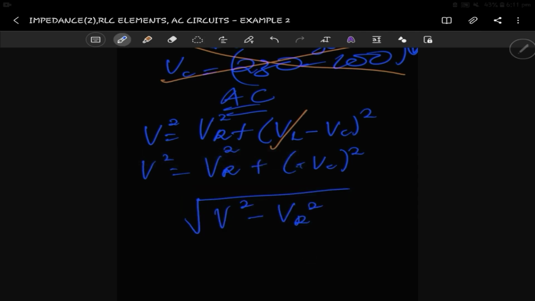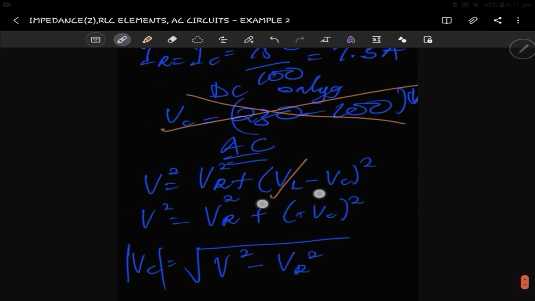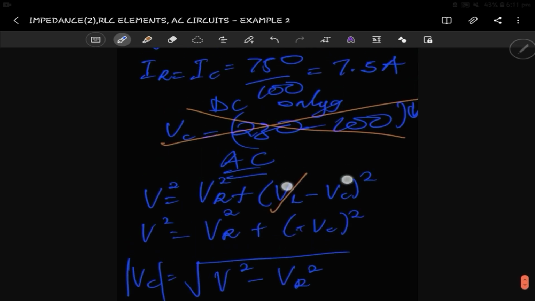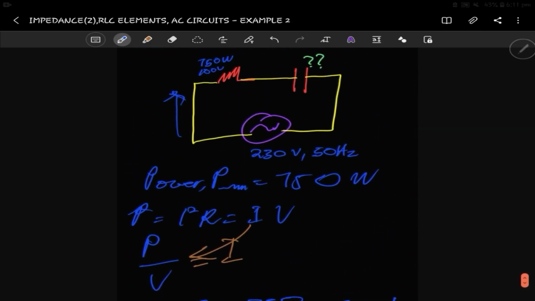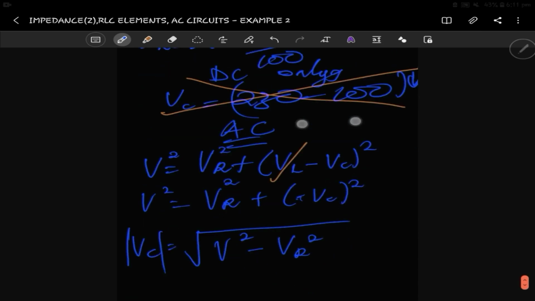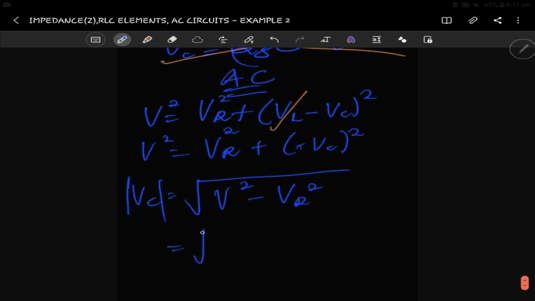So this gives us a VC. In terms, you just say it's the magnitude of the VC. Now let's see. Do we have the V, which is from the voltage source? That's 230, so that's the square root of 230 squared.